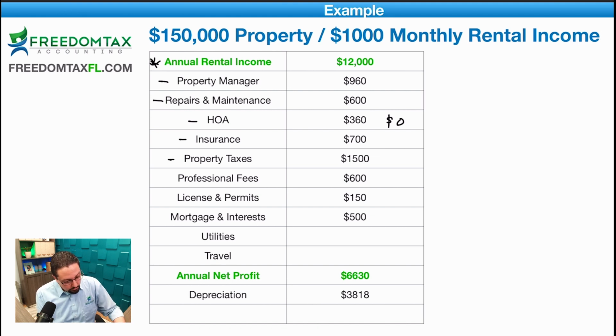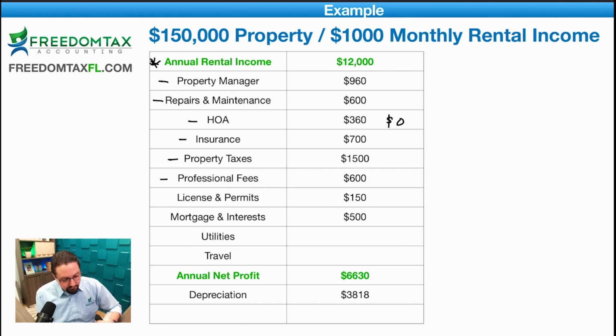You can deduct property taxes. And once again, property taxes, depending on where the rental property is, can be higher or lower, but the national average is 1%. That's how I got the $1,500. But any property taxes that your property pays is a tax deduction.